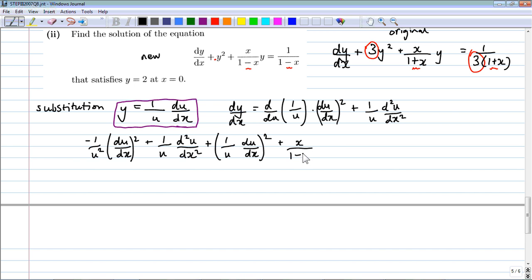X over 1 minus x, y. Now y is 1 over u du by dx. And I'll just subtract the right-hand side. Minus 1 over 1 minus x. That's it. Equal to 0. So as before, this term cancels with this term.